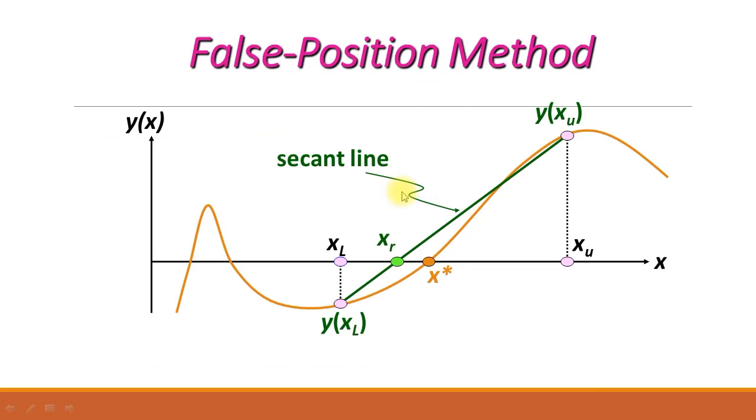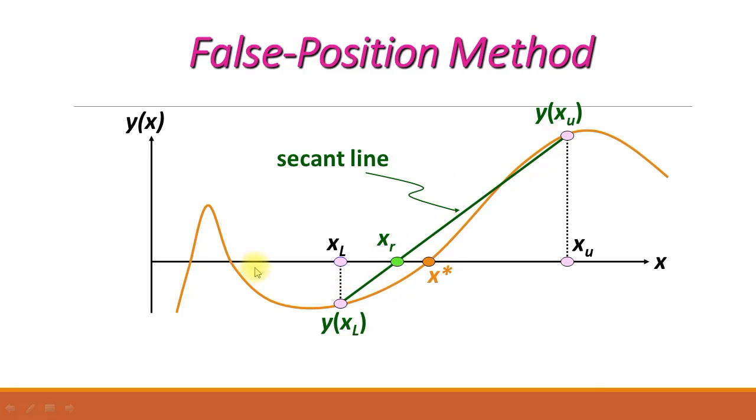This is the graphical representation of the false position method. This curve represents the given non-linear equation, and this is the xl which we choose at the initial stage, and this is the value of the function at xl. This is the other value named xu, and this is the function value at xu. And dear students, note that this is the secant line.